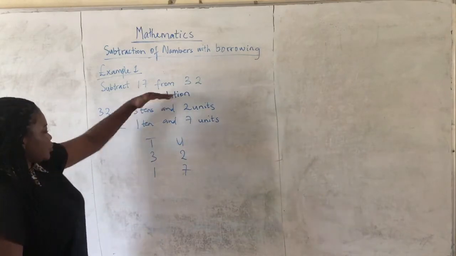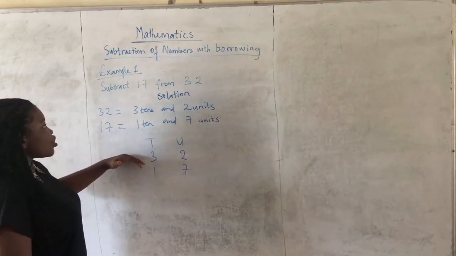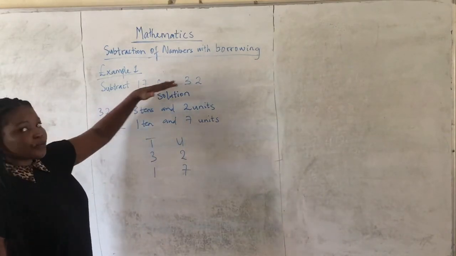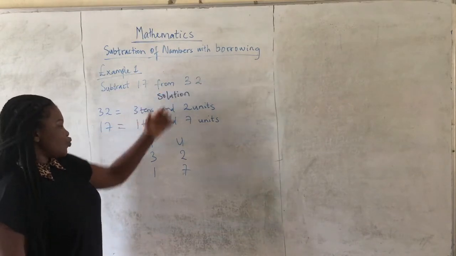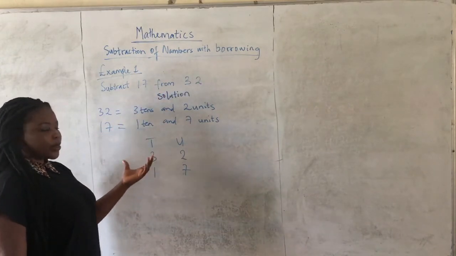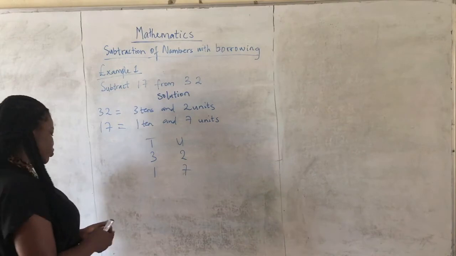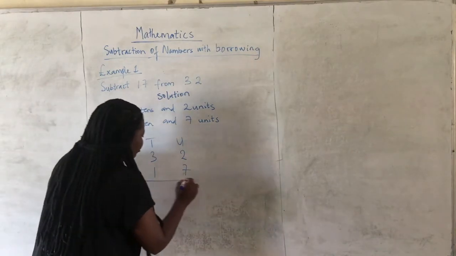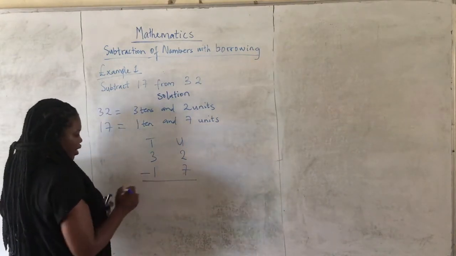Why did we put 32 first? Because we have to remove 17 from 32. So we write the subtraction sign, which is minus.